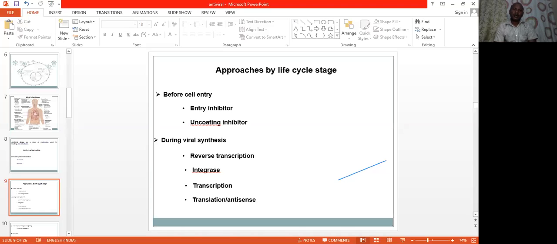The next stage is viral synthesis, where you can target reverse transcription, integrase, transcription and translation.